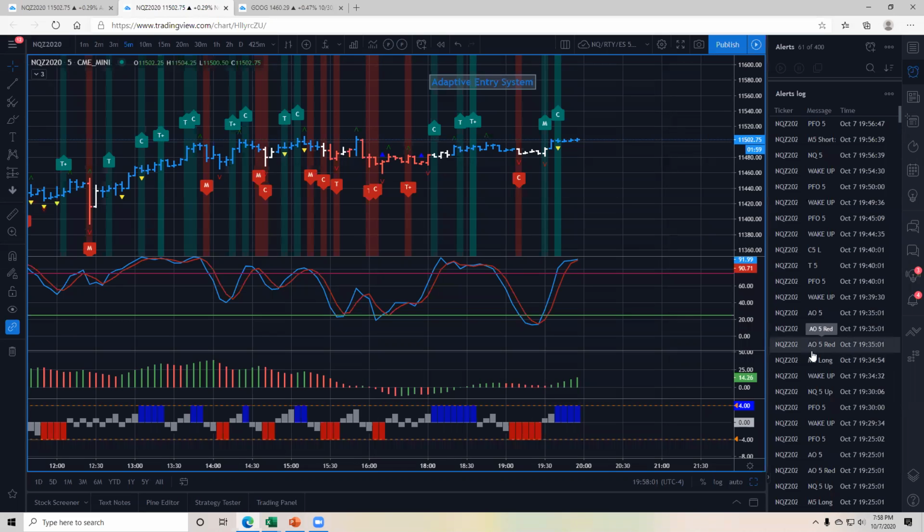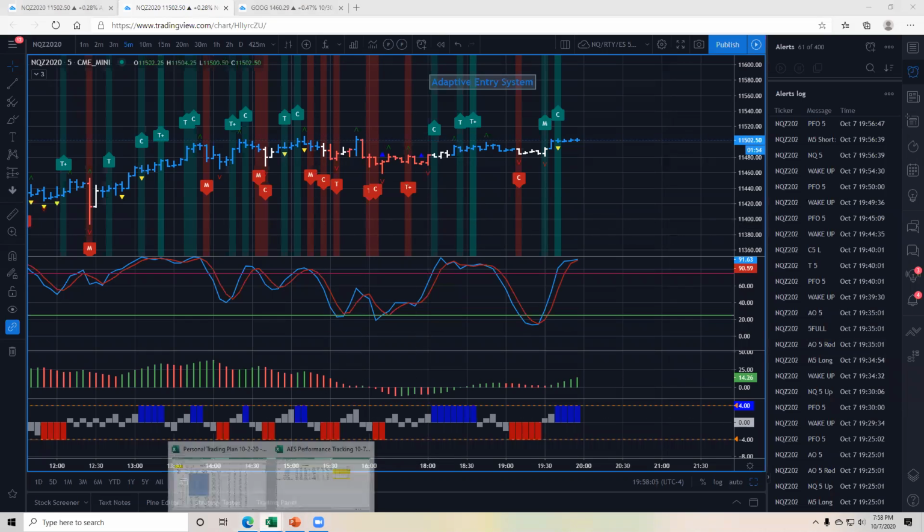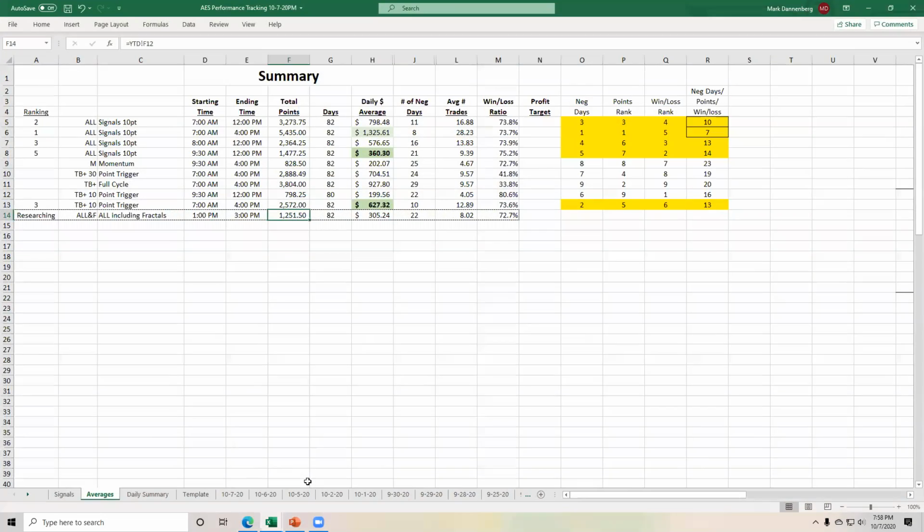There are plenty of signals throughout the market day, so we like to filter them with the average trades. All signals 7 to 4 is 28 trades a day. Even 9:30 to noon has about 9 to 10 trades a day.